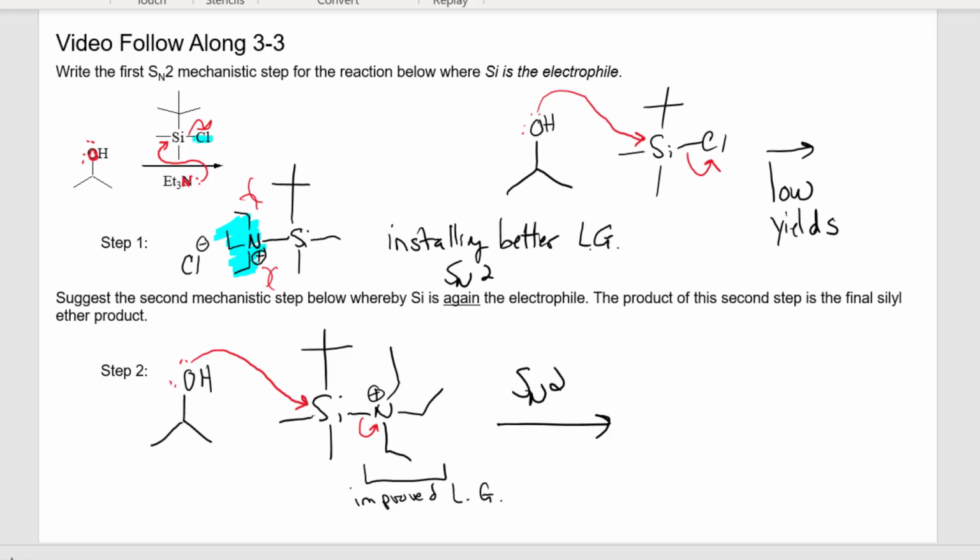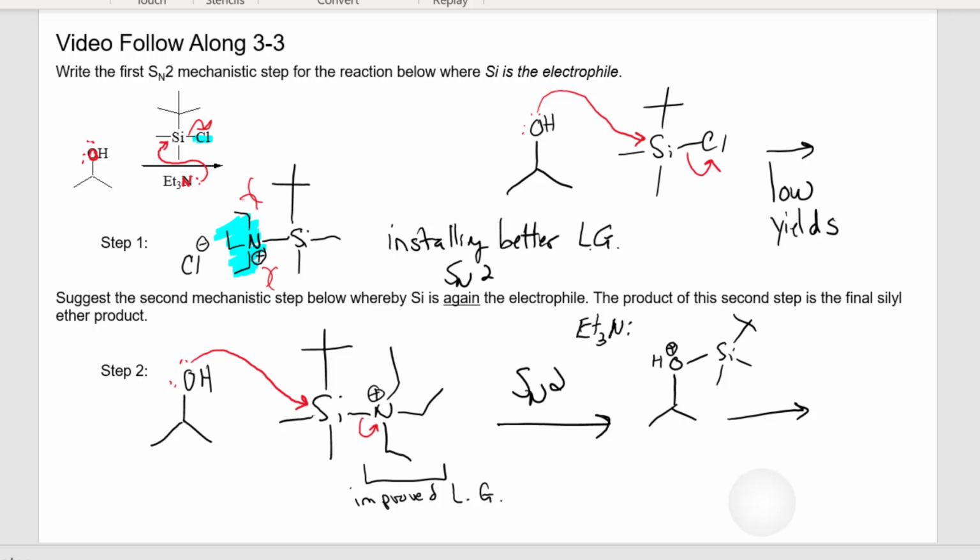This gets you to your silyl ether, and you actually have triethylamine floating around. Guess what? Not only does it make it a better leaving group, but it also acts as a proton sponge.